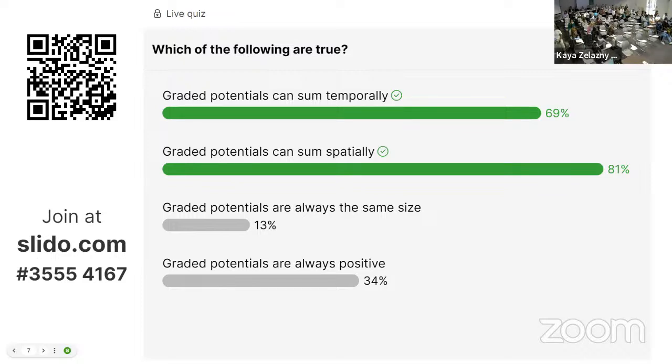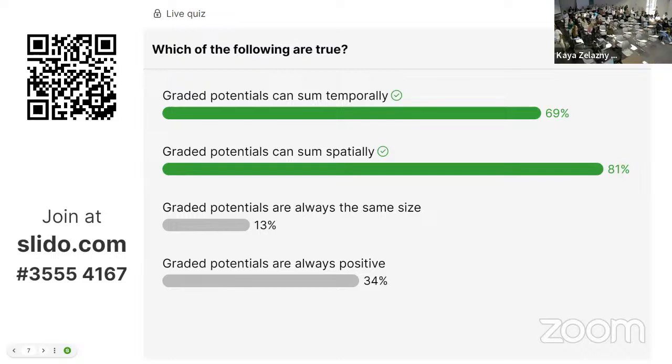We can add them up in time. We have one stimulus come in, doesn't quite fade away before we have another stimulus come in. We can add them together that way. Or we can add them up in terms of space. If we have two signals come in at the same time in different parts of the neuron, we're going to have to add together parts of their charges, which is another way we can add them together. So we add them together to get to threshold.